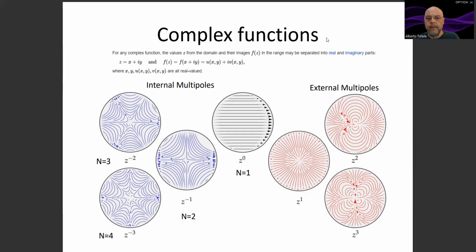We can see here some complex functions representing internal multipoles and external multipoles. The idea of multipoles with complex functions with negative exponents give these internal multipoles, and complex functions with positive exponents give the external multipoles.